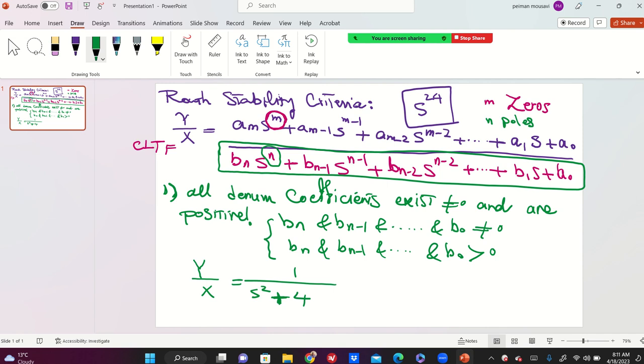No, but based on whatever I taught today. What are the coefficients of the denominator? Tell me. That we're going to type in MATLAB always. 1. Okay, tell me the rest. Okay, so is it stable or unstable?